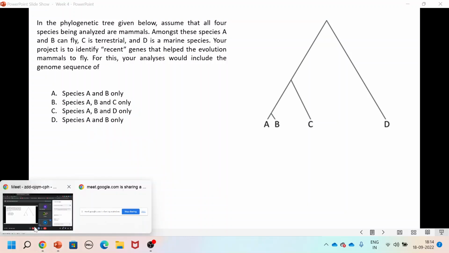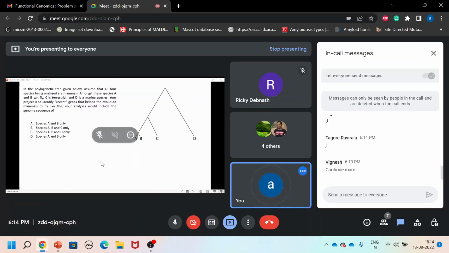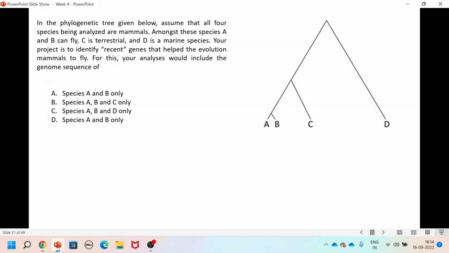So, anyone who would like to answer this question? It must be species A, B, and C only. Since D does not have any role in flying, it does not have any gene for flying.